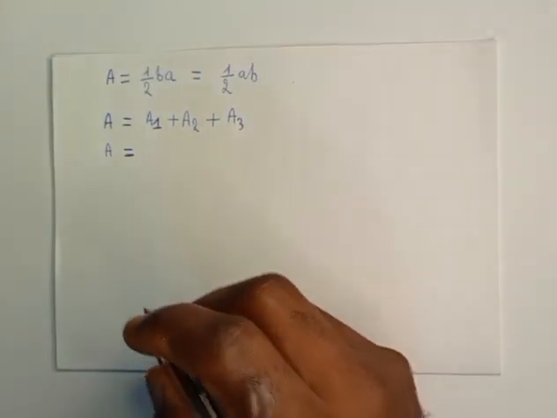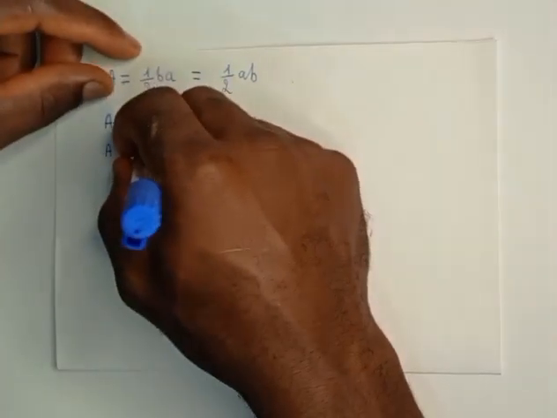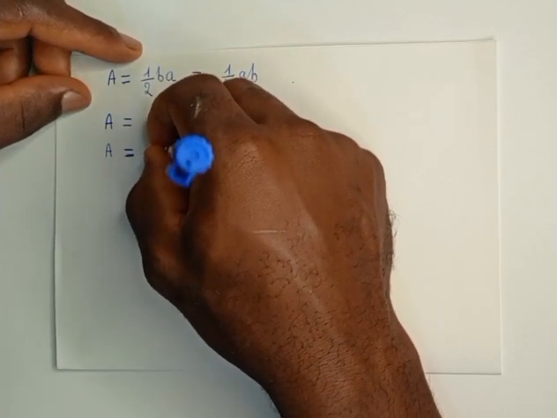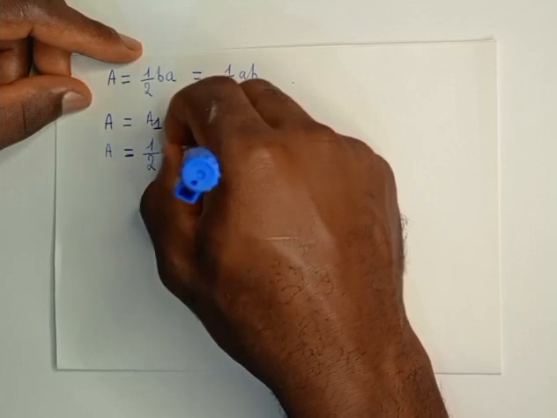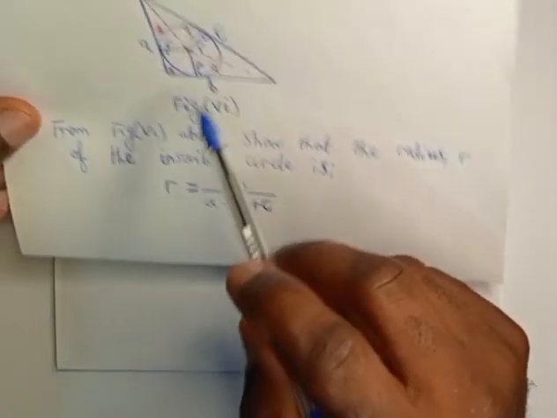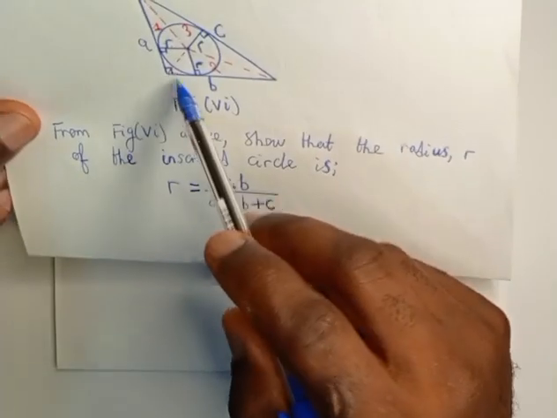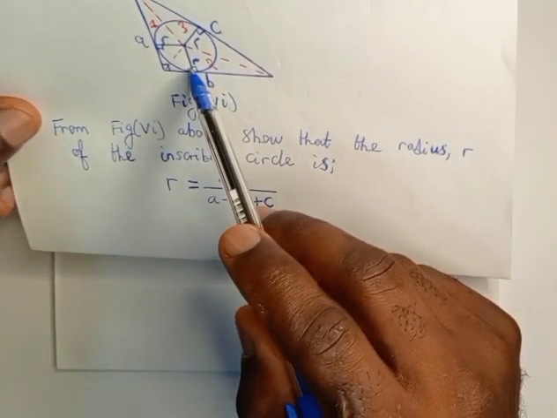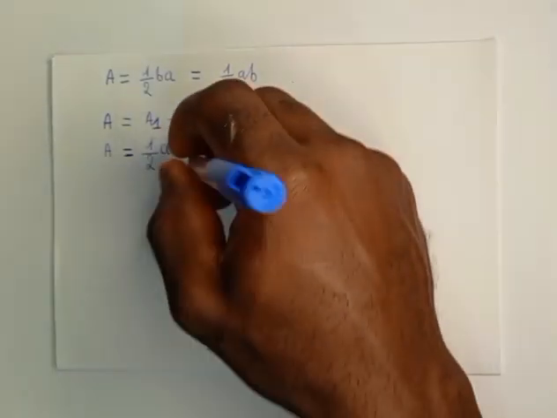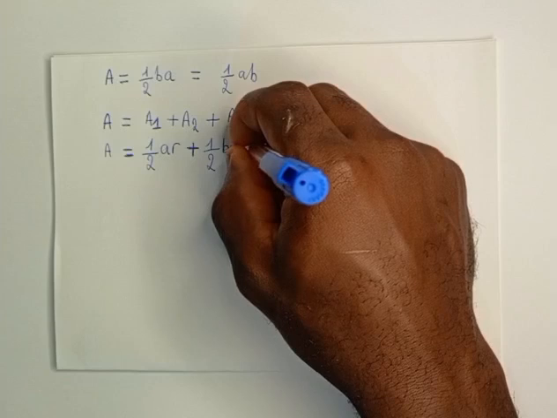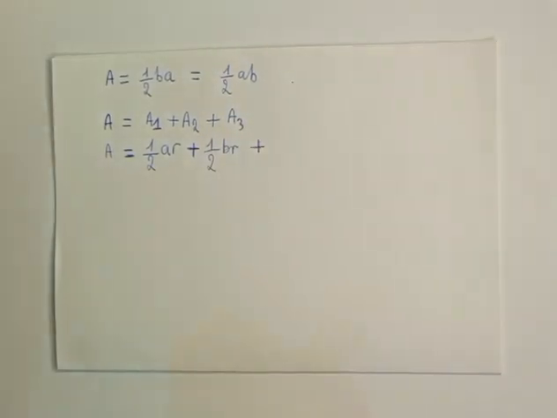The area is given by a half base, which is E, times vertical height, which is R, plus the area of triangle 2. This triangle is given by a half, the base is B, times the vertical height, which is R, plus a half BR, plus the area of triangle 3.